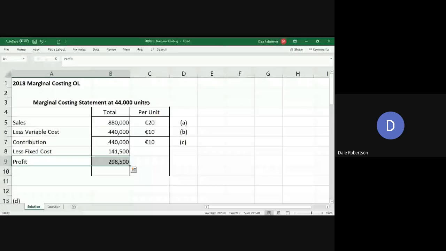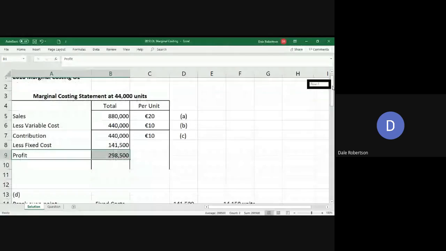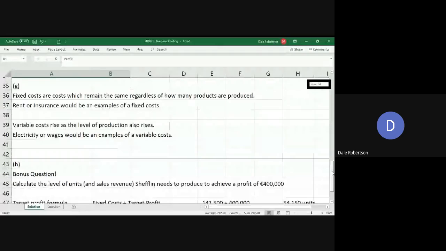So logically, the answer to that must be more than 44,000 units, because we're obviously going to have to sell more caps if we want to yield more profit. And this is very similar to part D, which is the break-even formula.